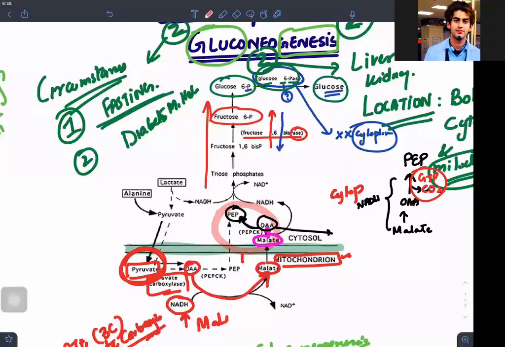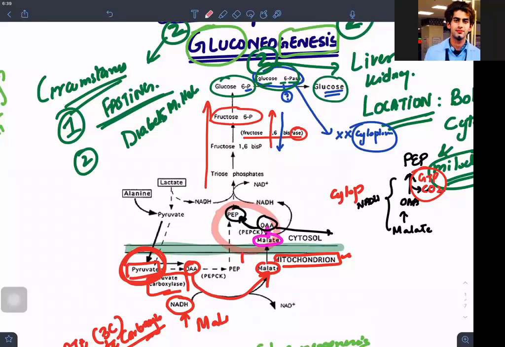The enzymes are pyruvate carboxylase, first; phosphoenolpyruvate carboxykinase, second; fructose 1,6-bisphosphatase, third; and glucose 6-phosphatase, fourth, at the end of gluconeogenesis. And I hope you remember, we need a regulation.